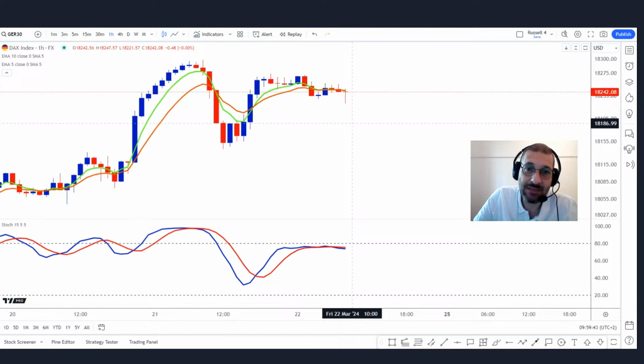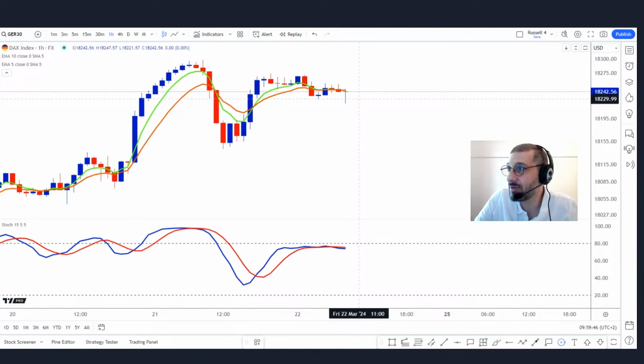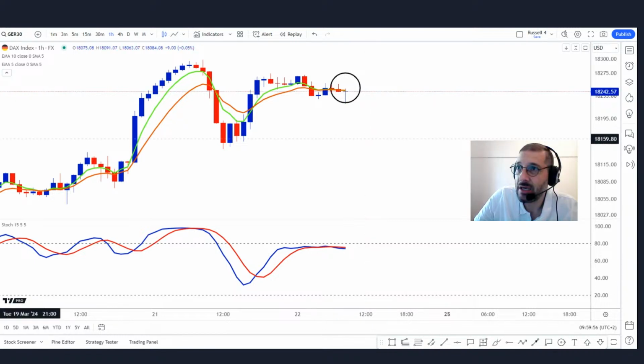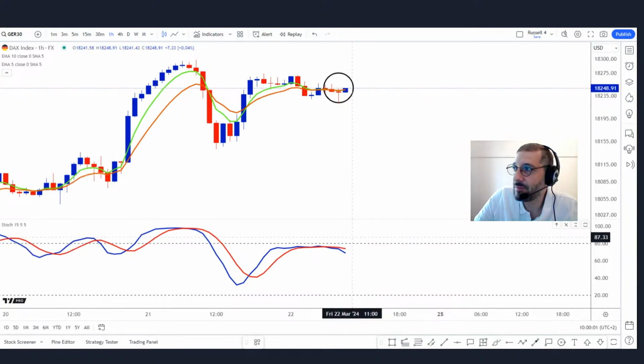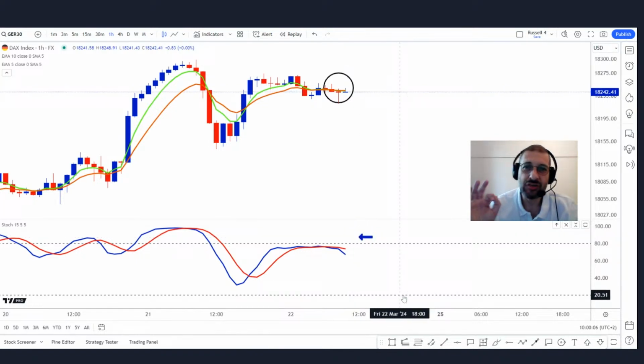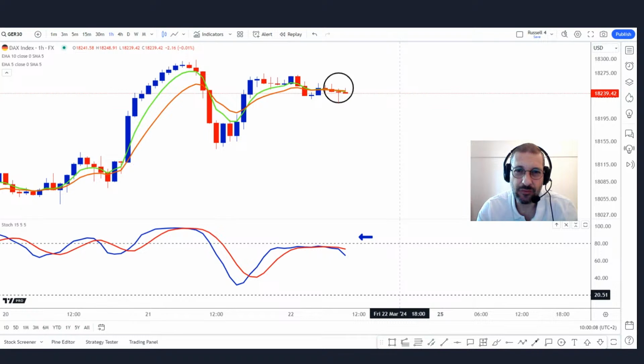It does look as if it's going to be risk on. If that's the case, we would need to see a positive crossover of the EMAs, and would need to see angle and separation in terms of those EMAs, and we would need to see the stochastic move into the upper quintile. So there is a potential risk on move today.